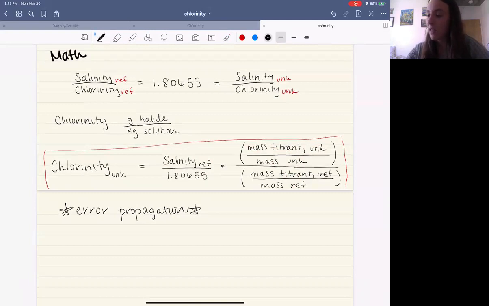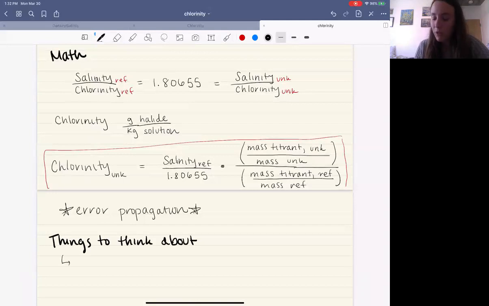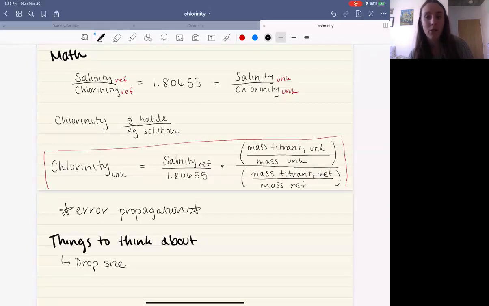Okay, last thing to think about, just a few extra notes. First off is drop size. I already talked about how we're making a huge improvement by using a modified pipette instead of a burette, but still, how does that drop size affect your precision on your answer?